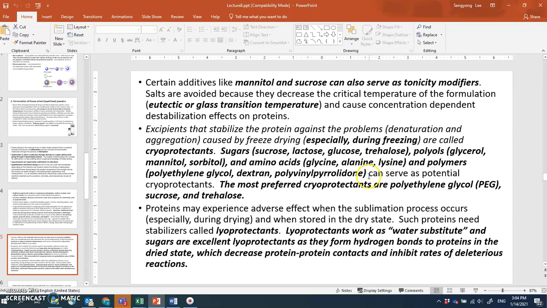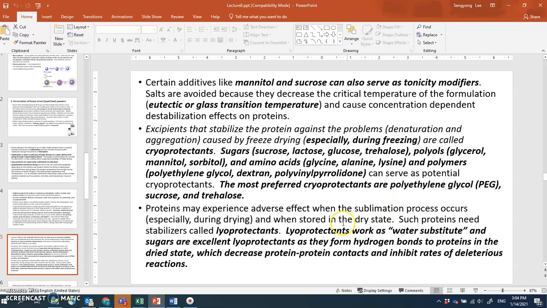Those things are used as cryoprotectants. The most preferred cryoprotectants are PEG, polyethylene glycol, or sucrose or trehalose, sugar-based molecules. And proteins may experience adverse effects when sublimation happens. Sublimation again, what? Crystallized and then vaporized.